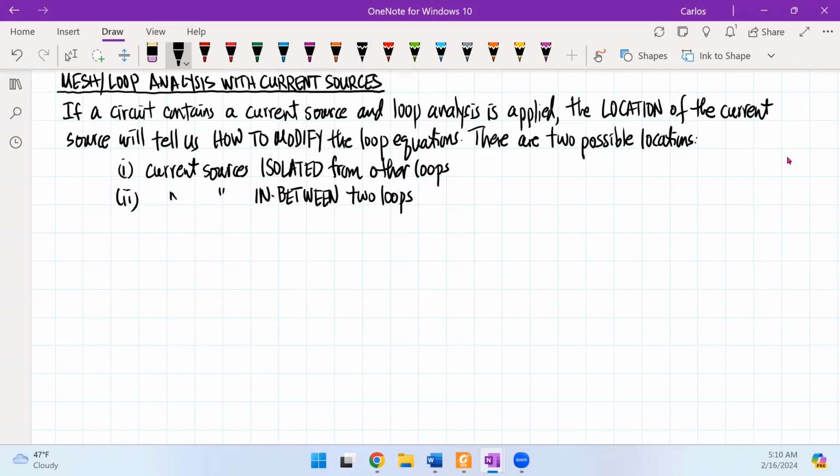So what I want to do here is show you these two possible locations in this example circuit.